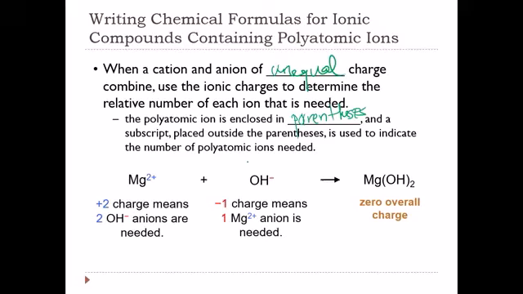Again, we crisscross the charges, but because we're writing the subscript of 2 behind this polyatomic ion, OH, we have to put it in parentheses so that the 2 refers to the entire group. Then, as in math, everything outside the parentheses distributes onto everything inside the parentheses. So in the formula unit of magnesium hydroxide, we have 2 oxygen atoms and 2 hydrogen atoms.